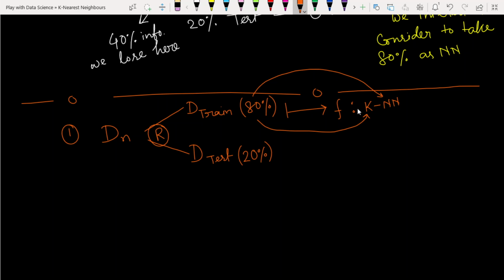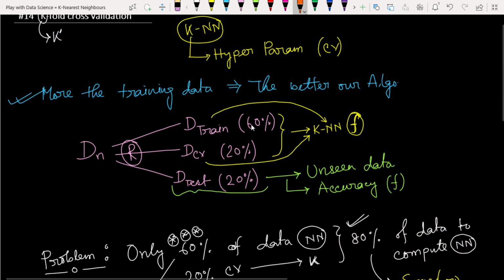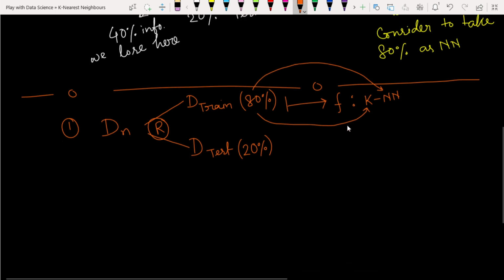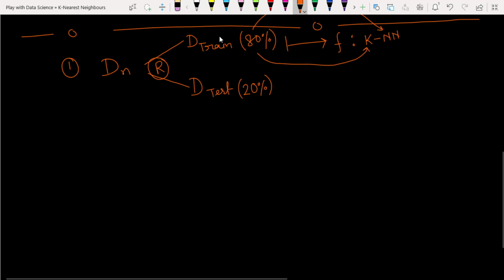Previously, in cross validation, we saw that only 60% of the data was taken as NN, and only 20% to find the best k. But here we use the whole 80% of the training data as our nearest neighbor points, and on the whole 80% we find our best k. So let's see how we will do this job.